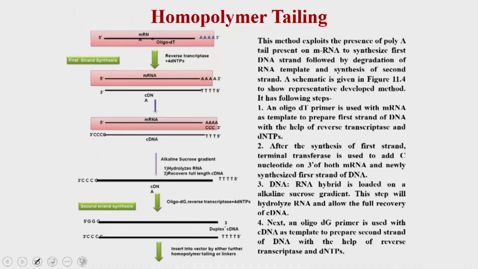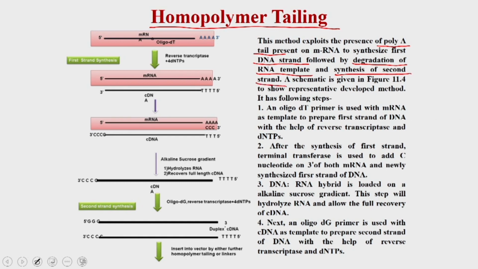So, in the homopolymer tailing, this method actually exploits the presence of poly A tail on the 3 prime of the messenger RNA. So, first you use this poly A tail on the messenger RNA to synthesize the first strand, which you do by the reverse transcriptase, and then you induce the degradation of RNA template and the synthesis of second strand.